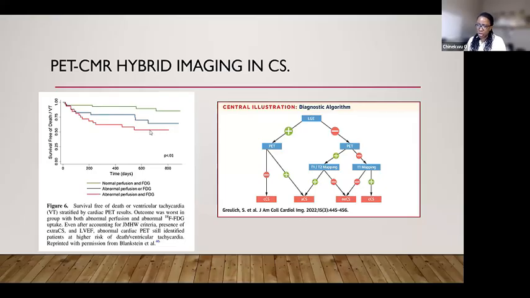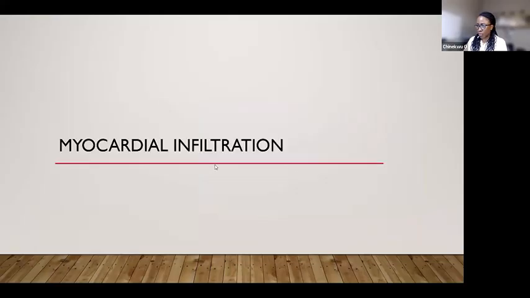Basically, they are much more likely to have ventricular tachyarrhythmias or indeed die. And this is just a diagnostic algorithm that's been put forward recently to highlight the strength of hybrid imaging and how it helps us categorize our patients.